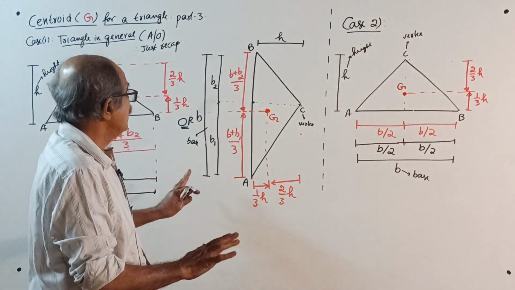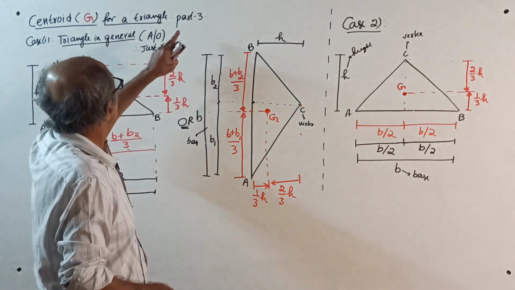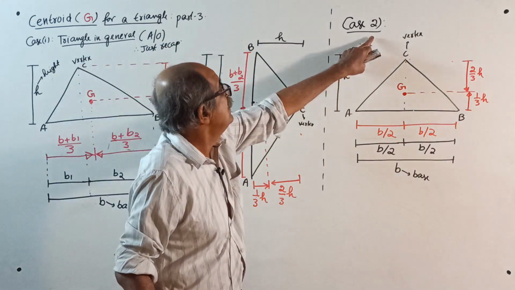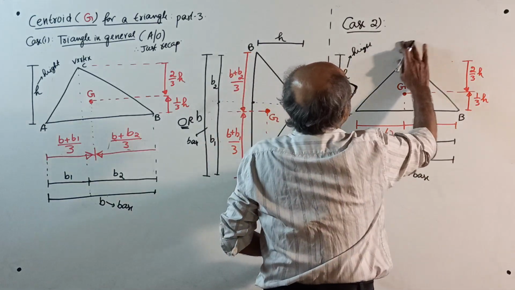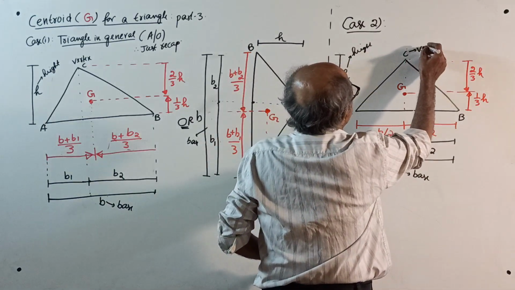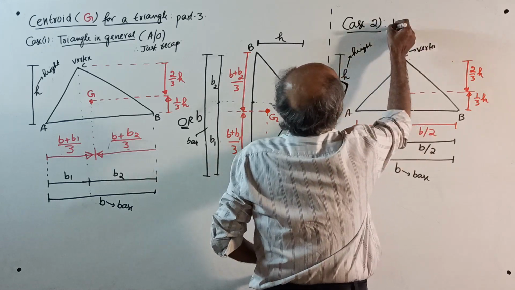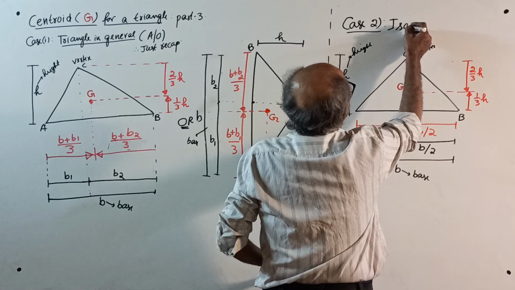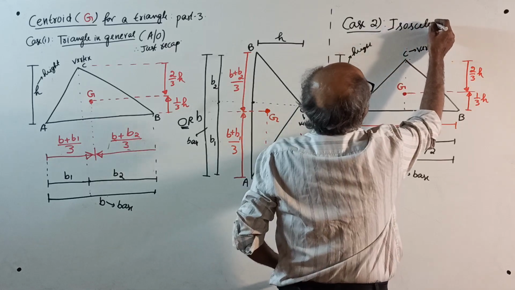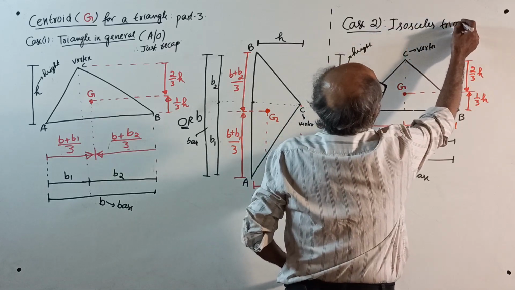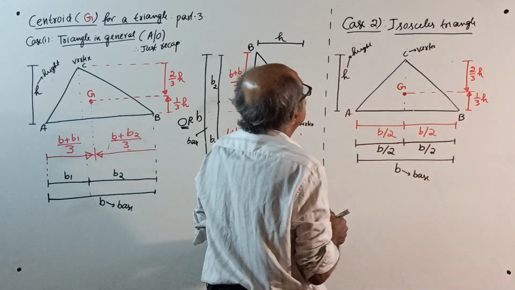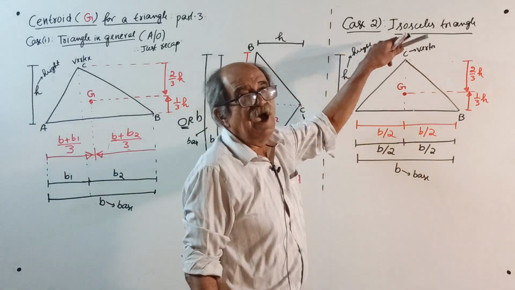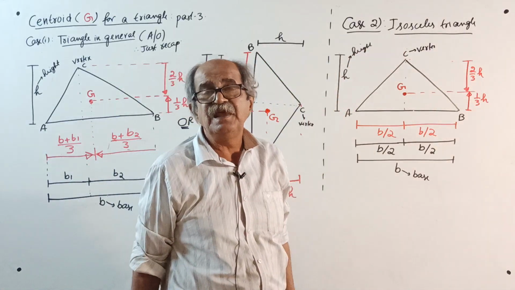I won't explain much now, because once I finish case 2, the isosceles triangle, I will consider the right angle triangle, case 3.